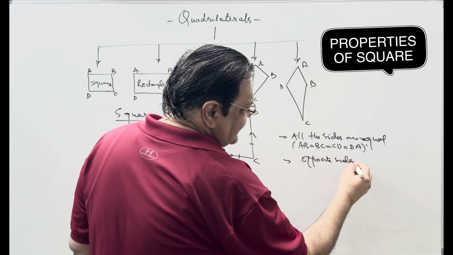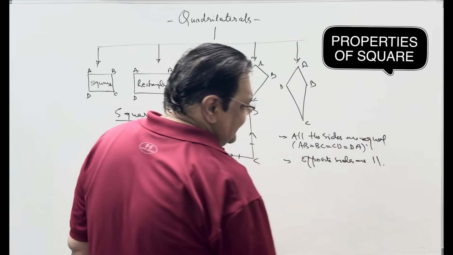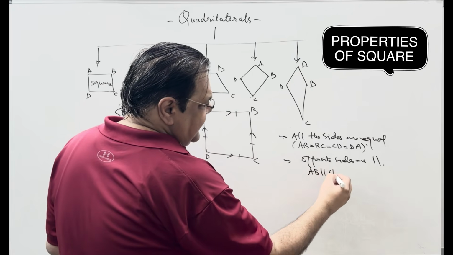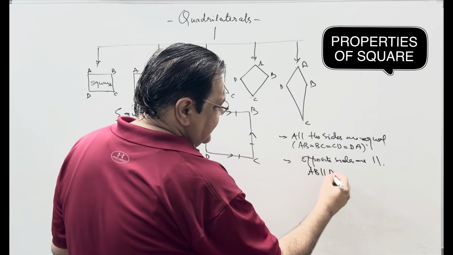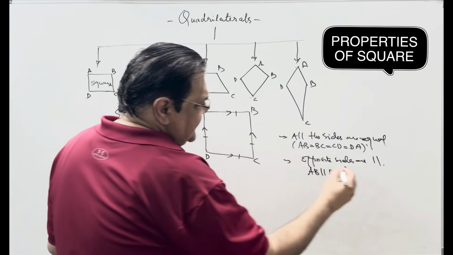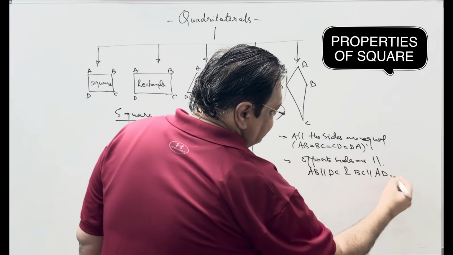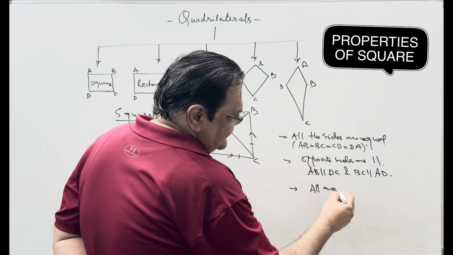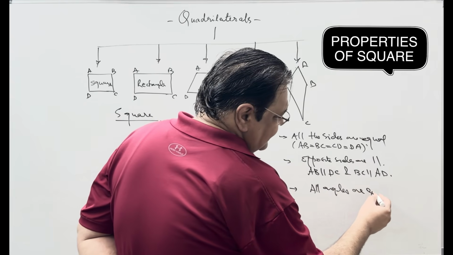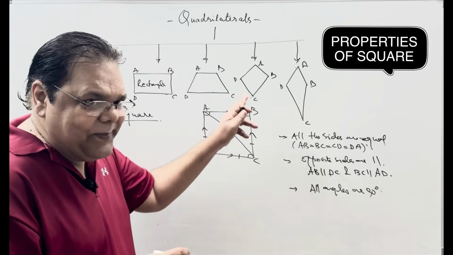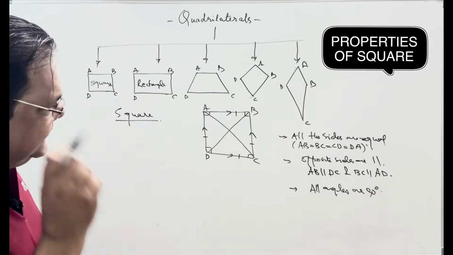Opposite sides are parallel, so AB is parallel to DC and BC is parallel to AD. All angles are 90 degrees: BAD, ADC, DCB, all are 90 degrees.